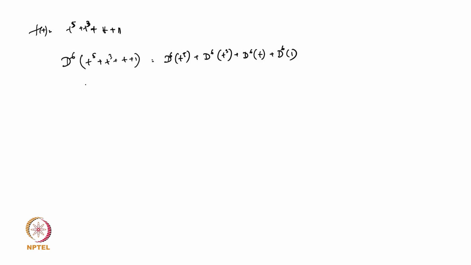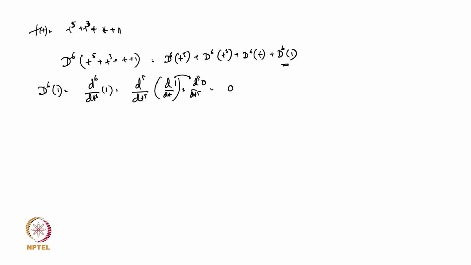If I start with D6 of 1, that means d6/dt6 of 1, which is equal to d5/dt5 of d1/dt, so that itself becomes 0. So d5/dt5 of 0 has no sense, it becomes 0 automatically.